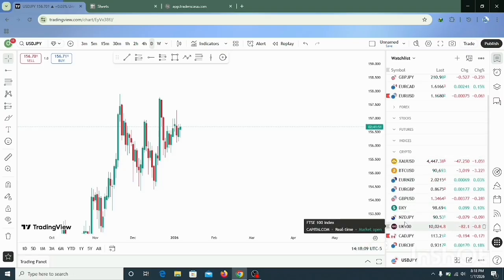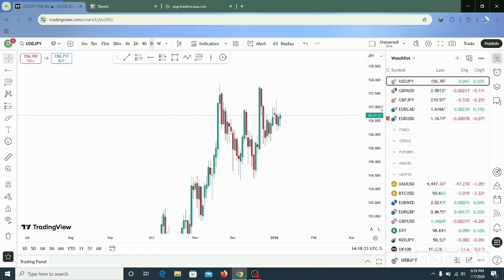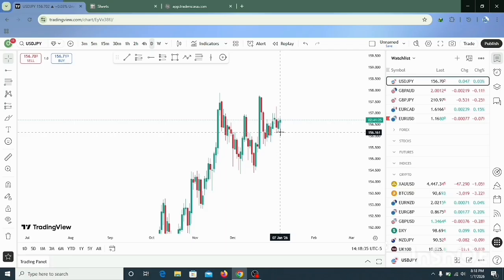I just look over them and analyze those pairs, and that's just what I do. But what I basically trade are these 5 pairs, what I'm going to be trading for the rest of this year. We're going to be trading USDJPY, and one of my favorite pairs is USDJPY.